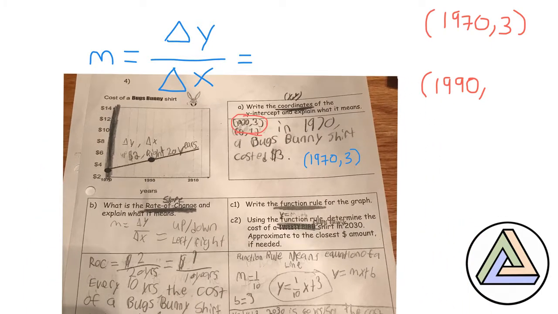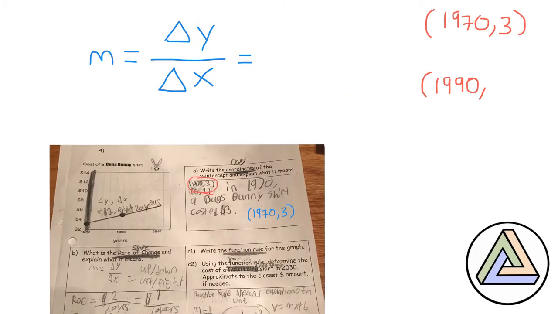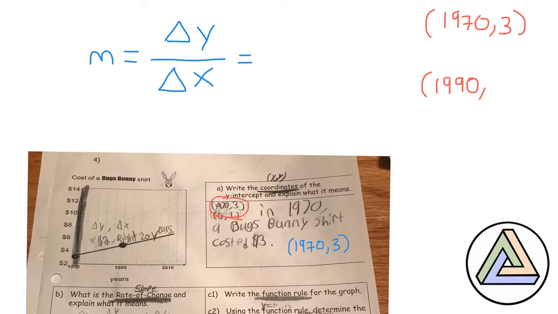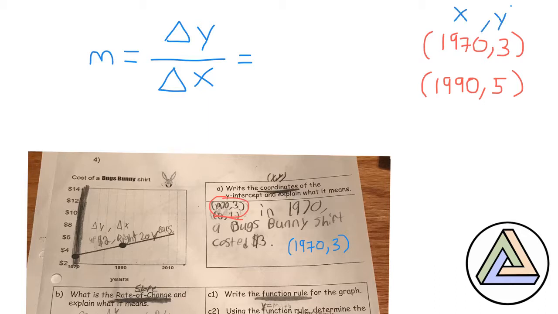Let's see. Yes, it looks like this y value is 5, so we'll make a note of that right now. We've got 5 over here. And let's also keep in mind that these are both x and y terms.